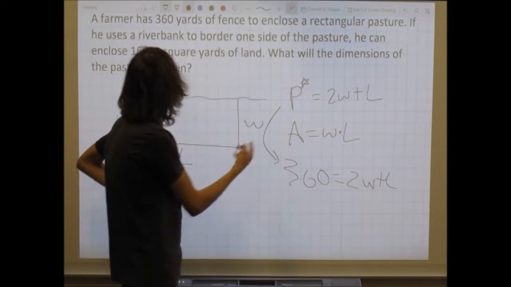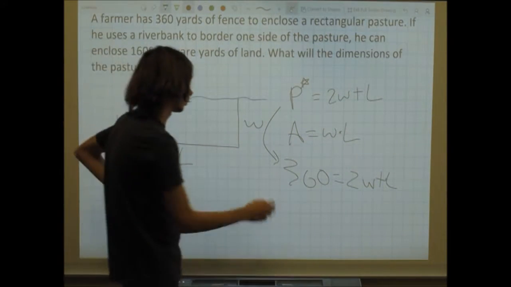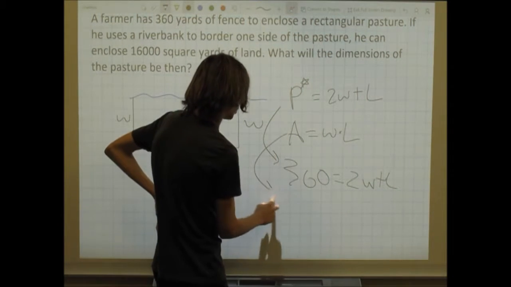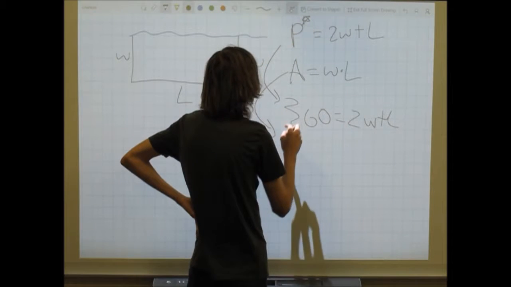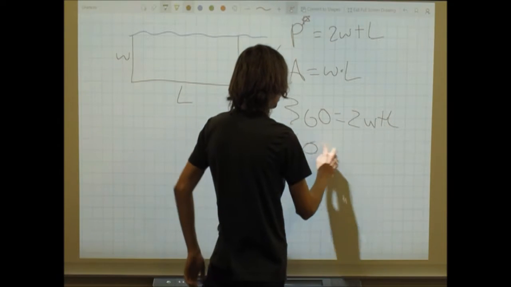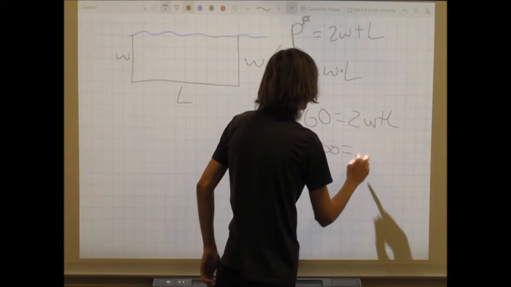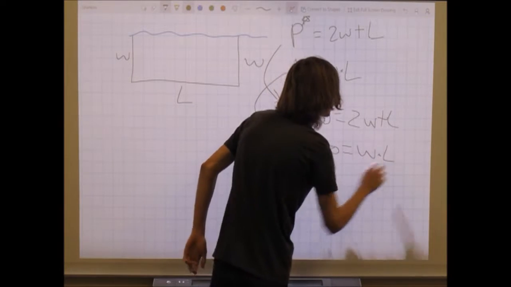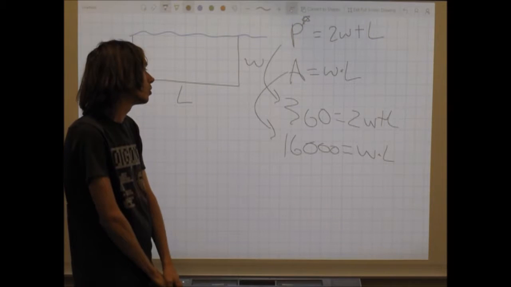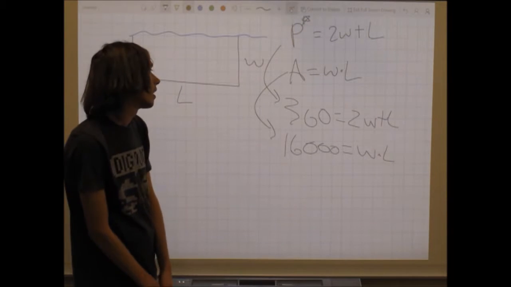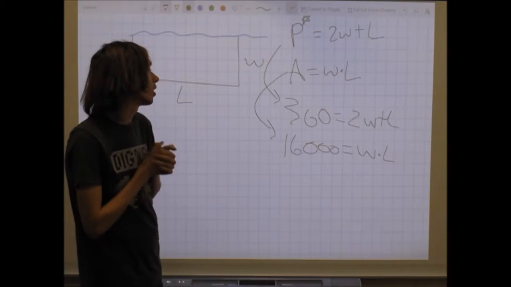Okay, and then the area we know is going to be 16,000, equal to W times L. So what we can do here is we can just do a substitution and then solve, right? Solve for W, solve for L.